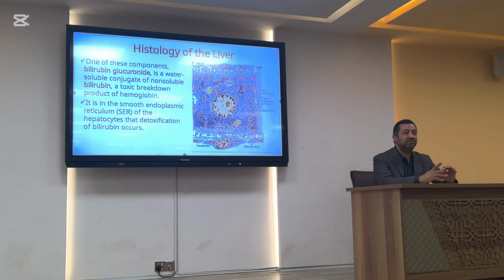The name of smooth endoplasmic reticulum in the muscle is sarcoplasmic reticulum. Do you remember? One of the specific functions of the smooth endoplasmic reticulum is detoxification. And detoxification of bilirubin occurs in the SER of the hepatocytes. Is it clear? Yes.